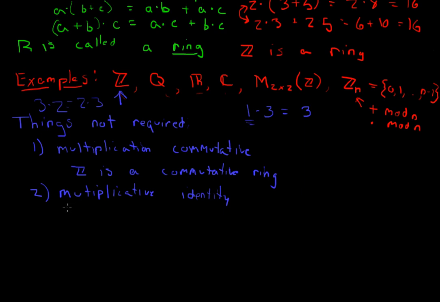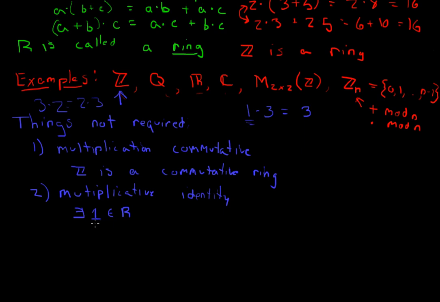So for a ring that does have a multiplicative identity, we could say that there exists, and just like with the additive identity, we denoted it with 0, we're going to denote the multiplicative identity with 1. So there exists a 1 in whatever ring you're talking about. And note that this isn't always the actual number 1.